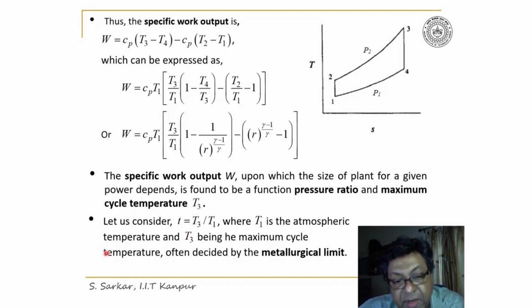So here I have introduced a variable small t. Small t is equal to T3 by T1, where T3 is the maximum cycle temperature, often dictated by metallurgical limit, and T1 is the atmospheric temperature.